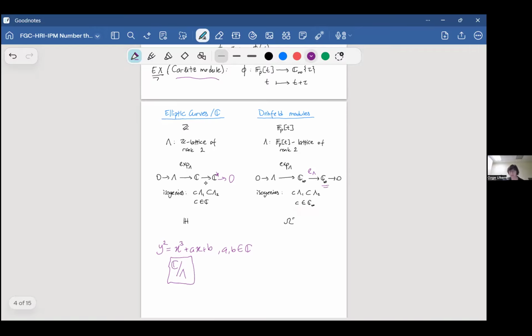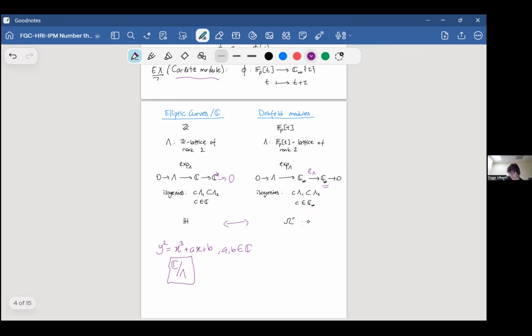You can classify elliptic curves using the upper half plane. We have a similar classification for Drinfeld modules, where you classify them with an analog of the upper half plane.